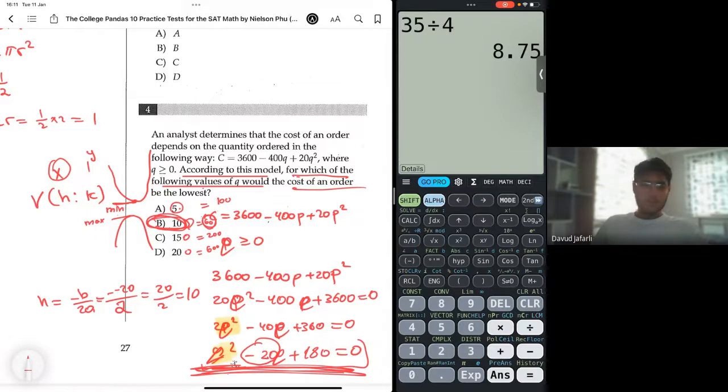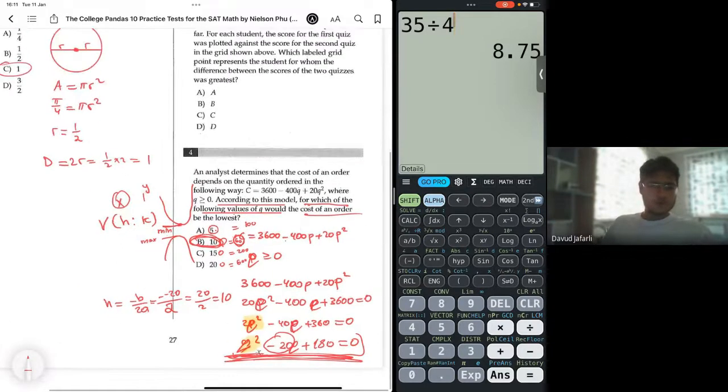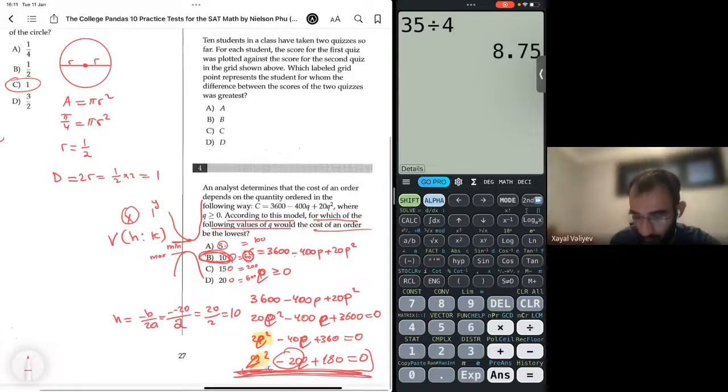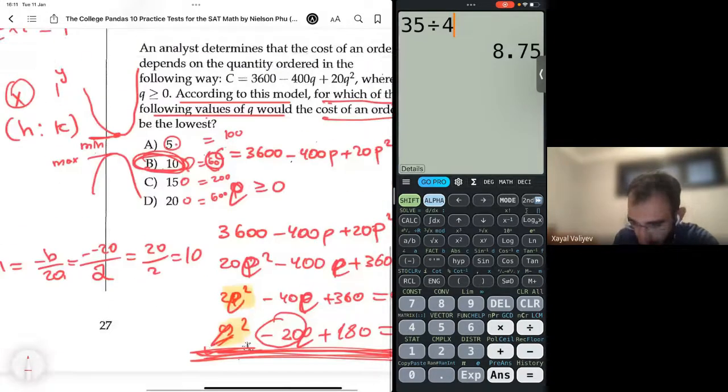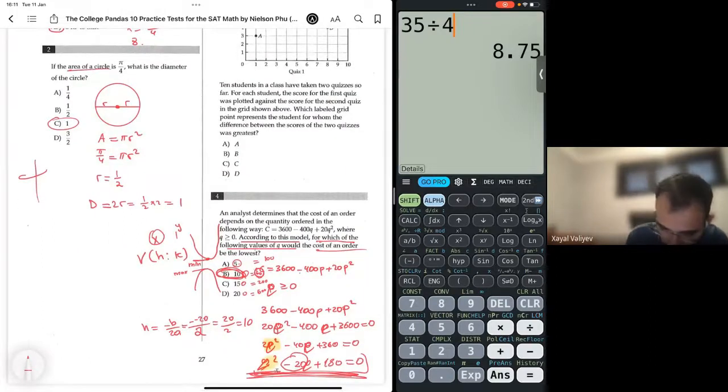But actually, if we use logic, it should be 5. No. Let's just check for 10 and check for 5. The equation we have is q squared minus 20q plus 180.